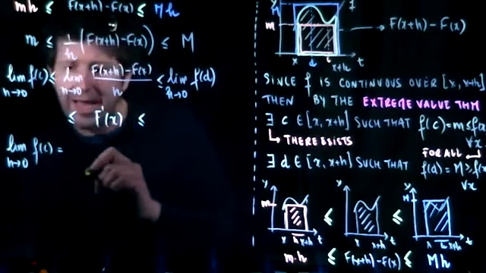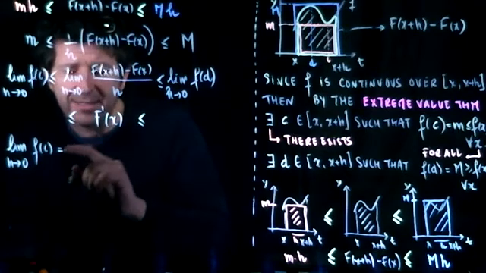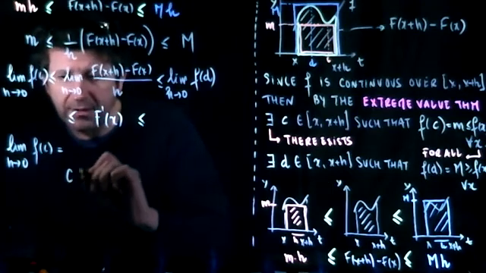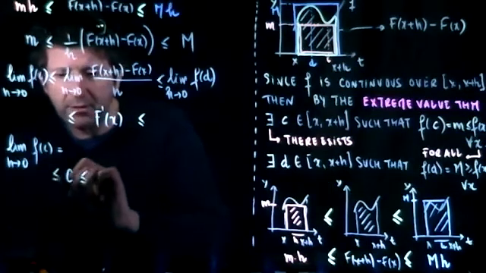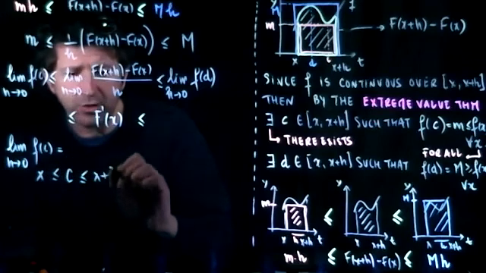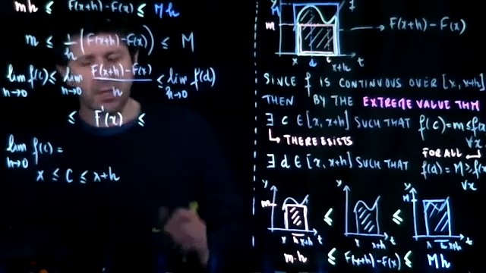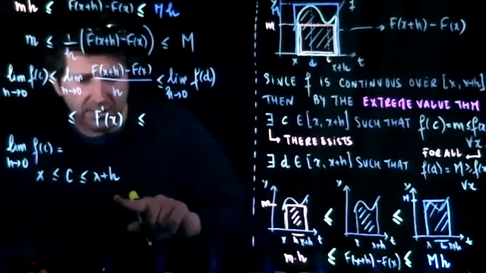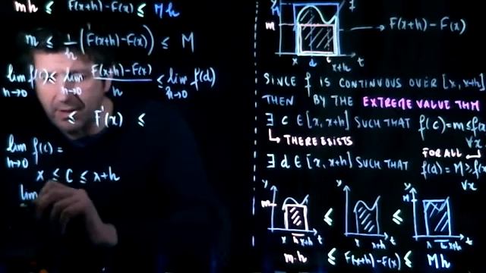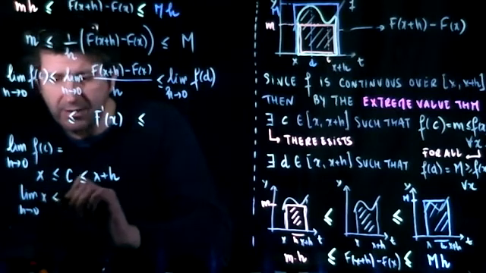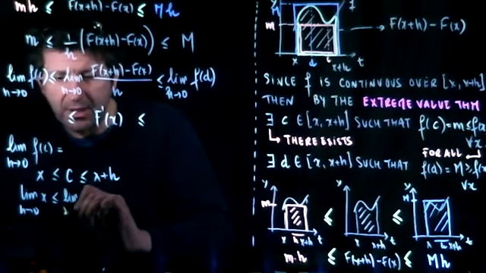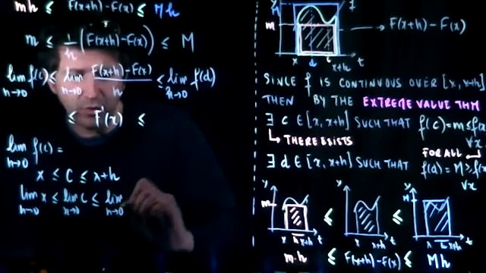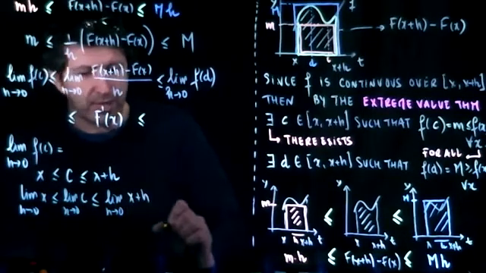So if you take the limit as h approaches 0 of this, this, and this, you will get the limit as h approaches 0 of x less than or equal to the limit as h approaches 0 of c smaller than the limit as h approaches 0 of x plus h.